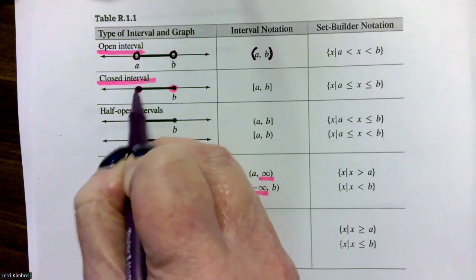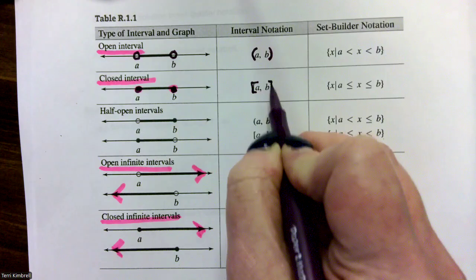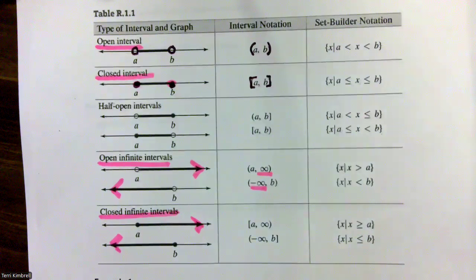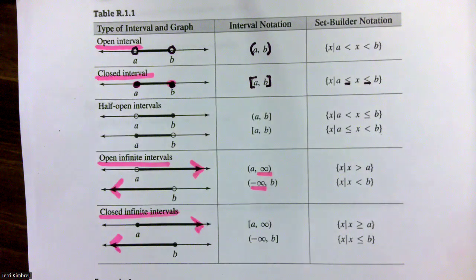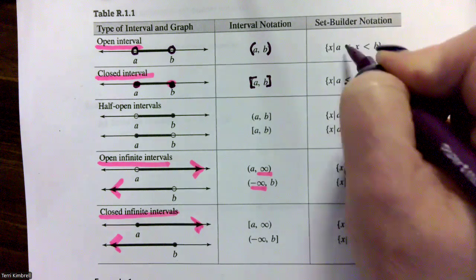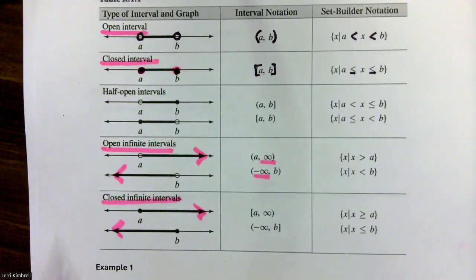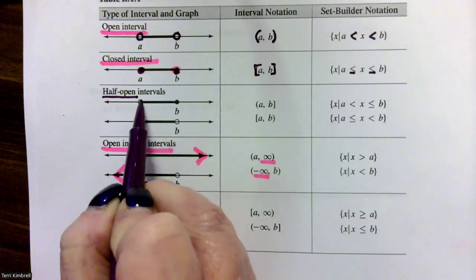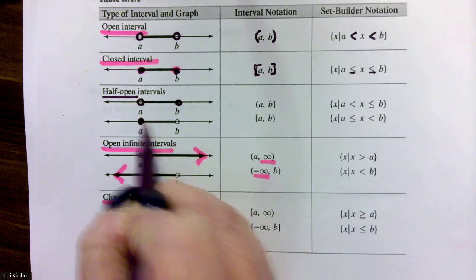If the circles are closed, that means that you're going to have a bracket. Now remember, brackets signify the lines underneath because it means equal to. And if it doesn't have a bracket, you don't have a line under it. So this would be the ones that are in between, which are your segments. It's half open if one side is open and one side is closed, or vice versa.